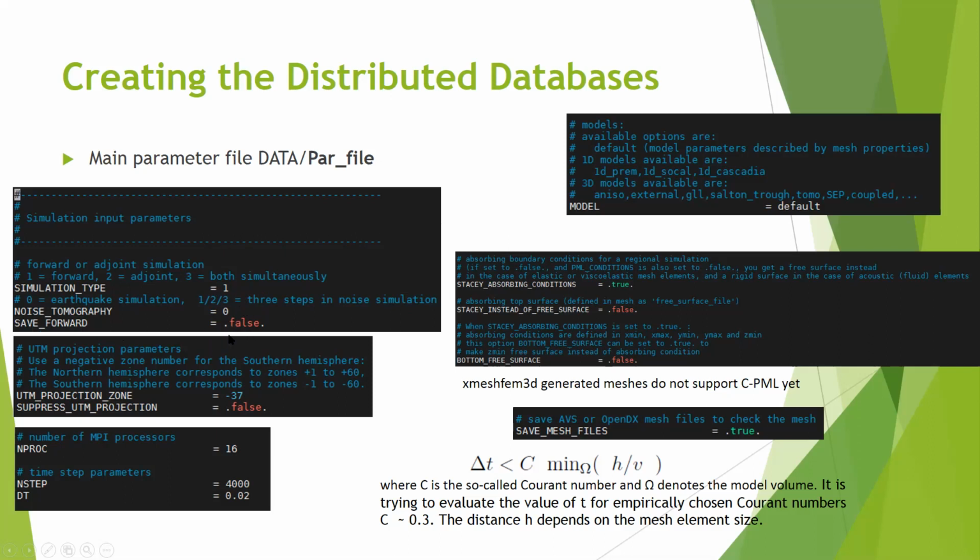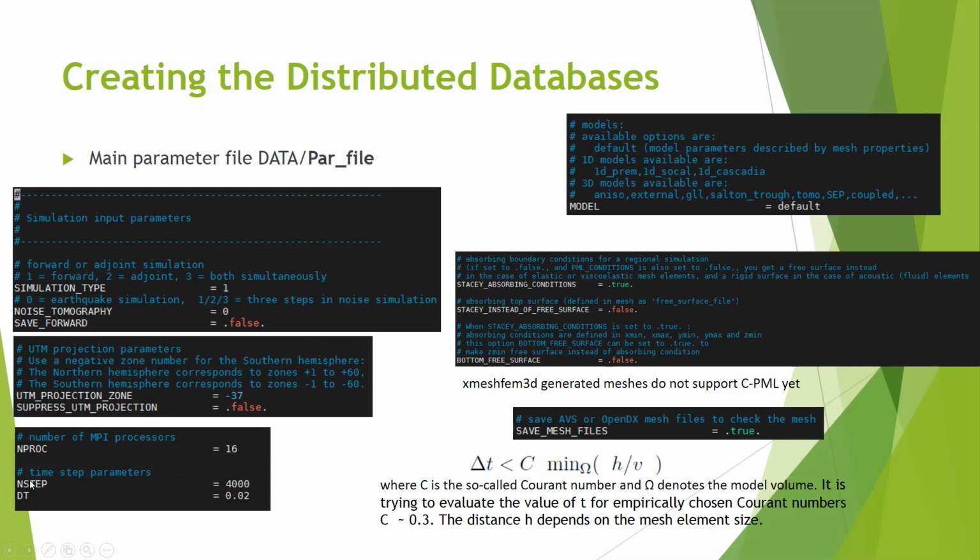Save forward means do you want to save the forward wave field or not? If you just want to get the seismograms at the locations of stations, turn this flag to false. Still, you need to set the zone of the UTM projection, and you don't use the UTM projection, so set it as false. The number of processors, I just called 16 processors, so here is 16.